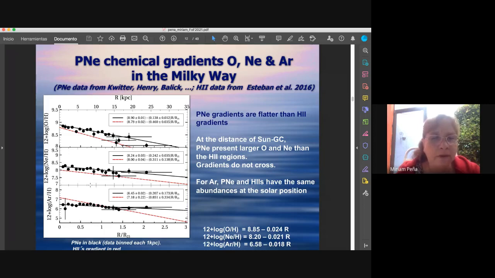Argon, on the other side, the abundance of argon in planetary nebulae is the same as in H2 regions. But keep in mind that data are predicting flatter gradients in planetary nebulae than in H2 regions.